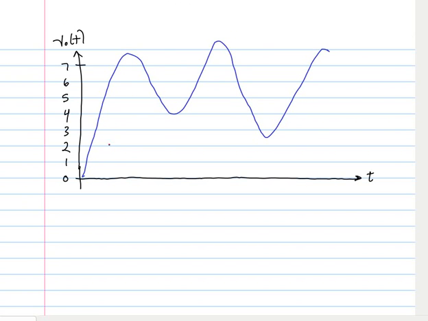We need to sample at a regular interval. So let's say we sample at T1, T2, T3, T4, all the way up to Tn. And all we need to know is that the step between T1 and T2 is the same as the step between T2 and T3, and so on and so forth.